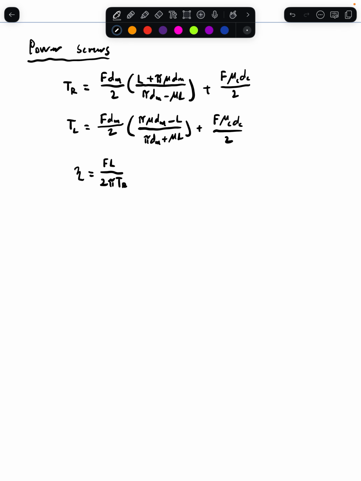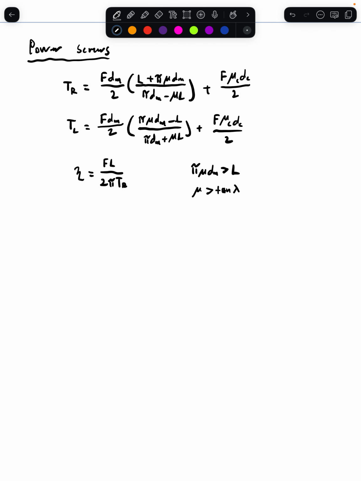In order for that to be true, you have to have one of these two relationships here, which are pi times mu times d sub m has to be greater than L, or mu greater than the tangent of lambda. And lambda here is the pitch angle, which they would probably give to you as well.